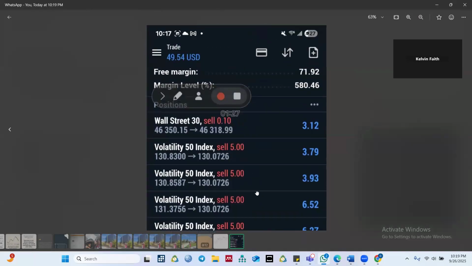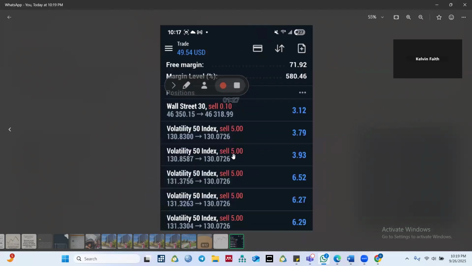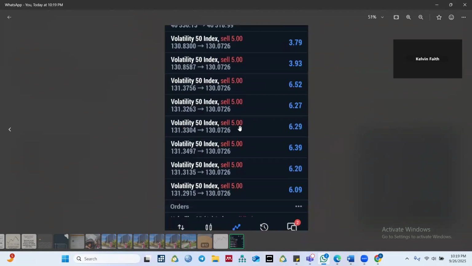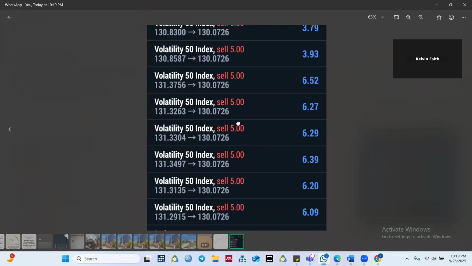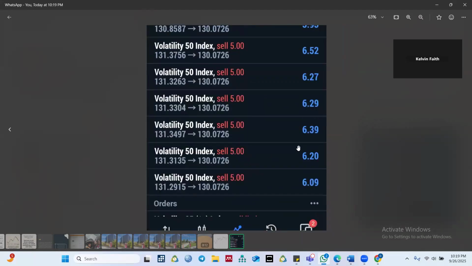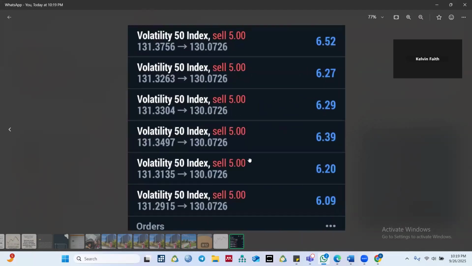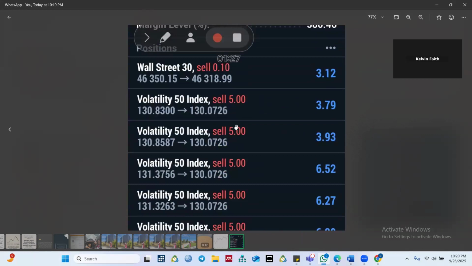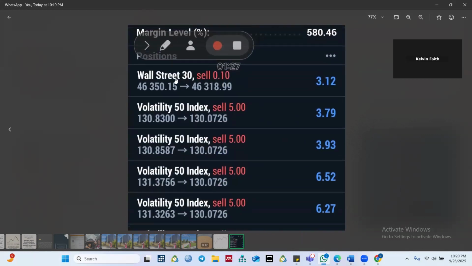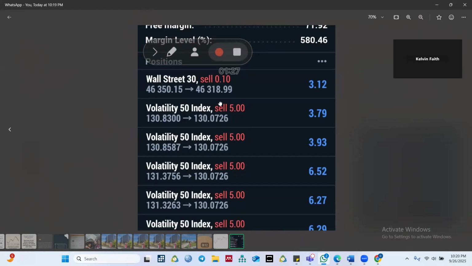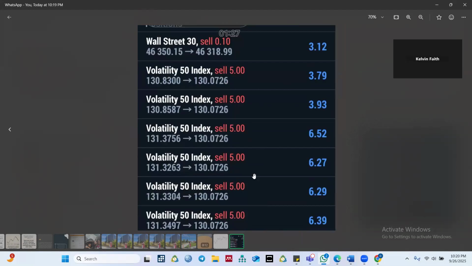50 index. I'm making $49 right now. And the trade is in the initial entries. We have $6, $6. Then this is like a US 30 trade that I took, and then the market closed, so it's caught up. But the 50 index trade is here.